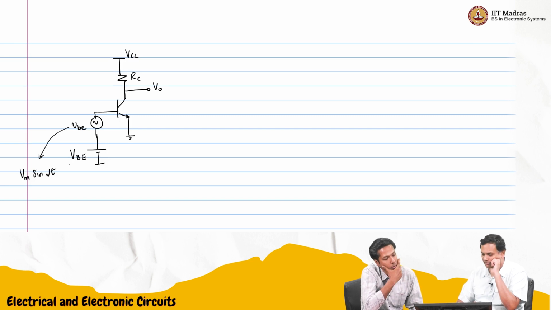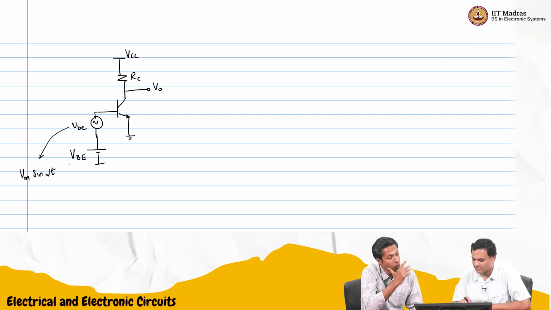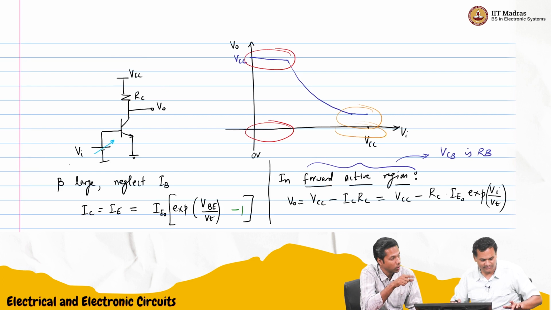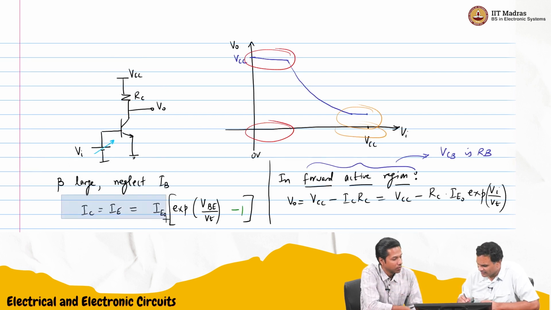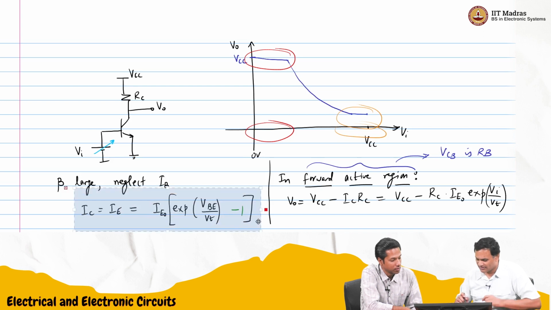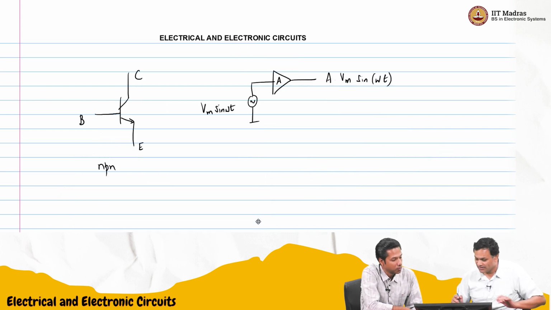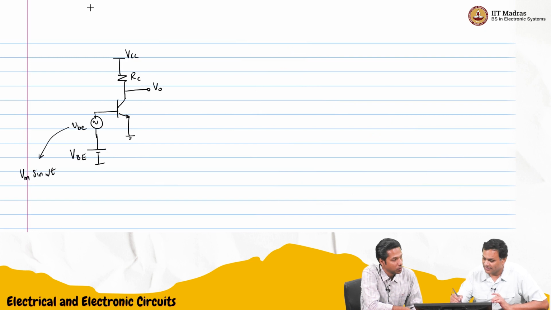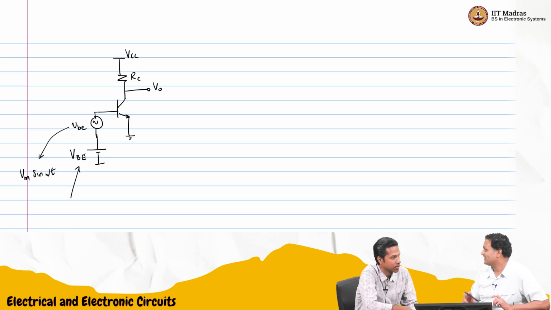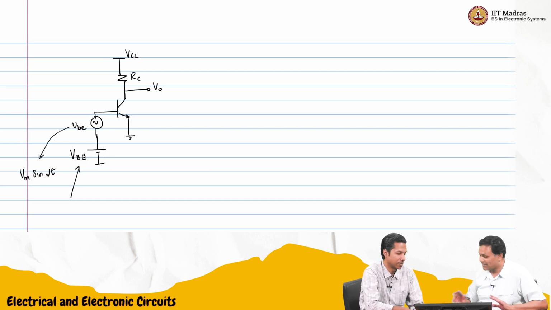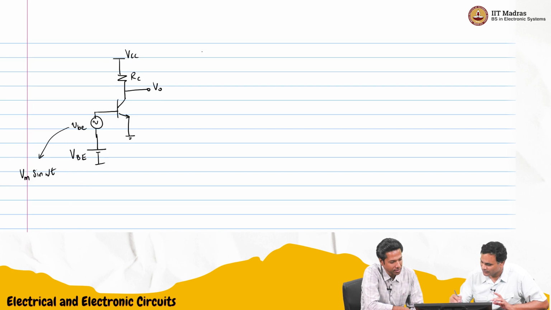Okay. So now what will be V0? How will we find out V0 now? Our expression for IC should be still valid. In fact, this is the one thing that we know. One thing we have to say is that we should choose VBE, VCC and RC such that the transistor is in the forward active region. Let us just write that down.